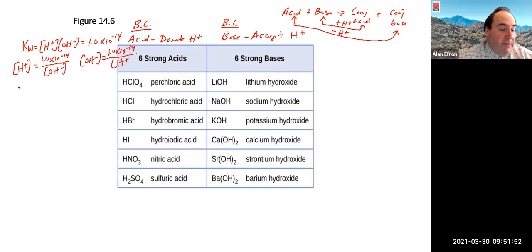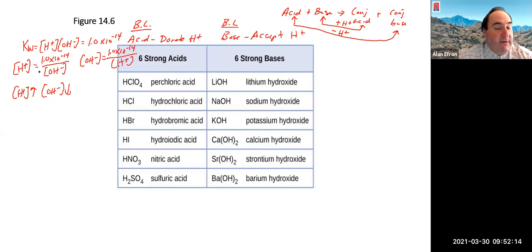And the relationship between H plus and OH minus is an opposite one. As one goes up, the other goes down. Obviously, the H plus is our acid part of the solution, OH minus the base part of the solution.